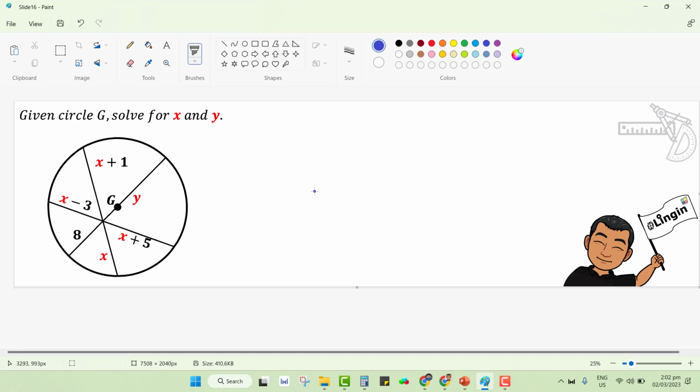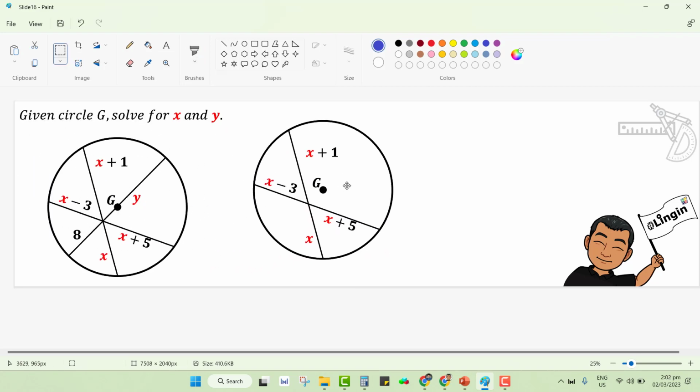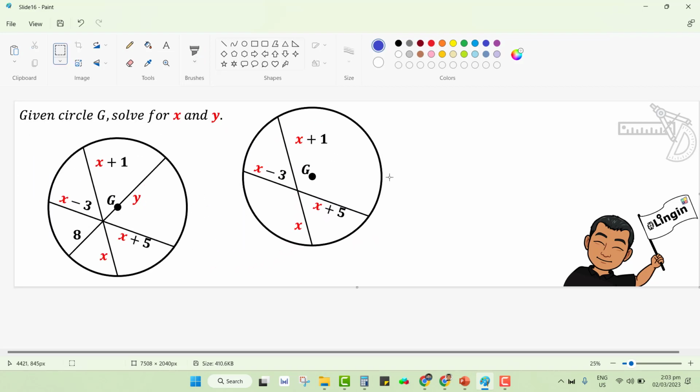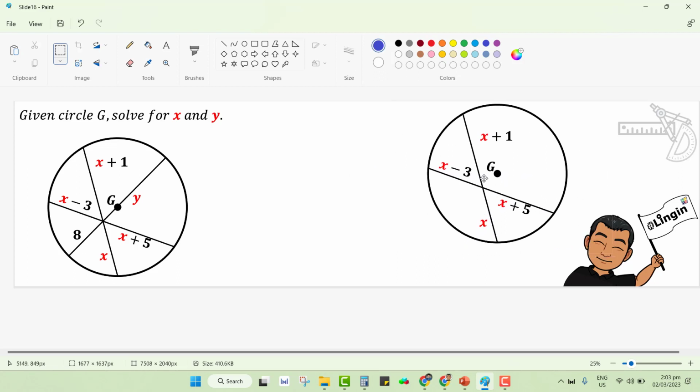So let us have this given figure cut out from that. So we have this, and then we are going to use the chord-chord power theorem in order for us to solve the unknown measurement of x. Let me do this again here so that we have enough space in solving later.